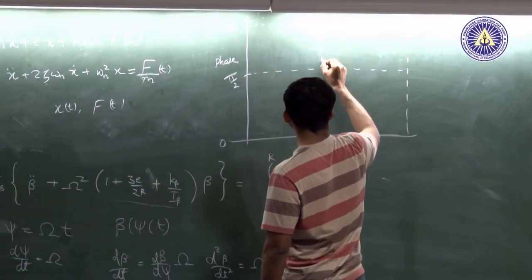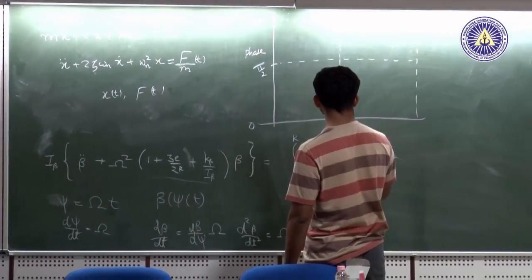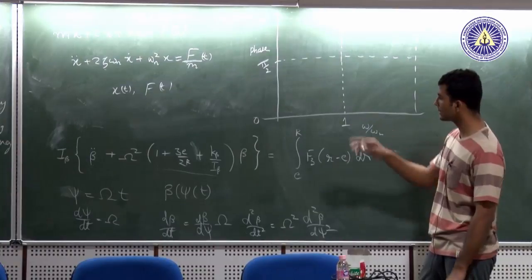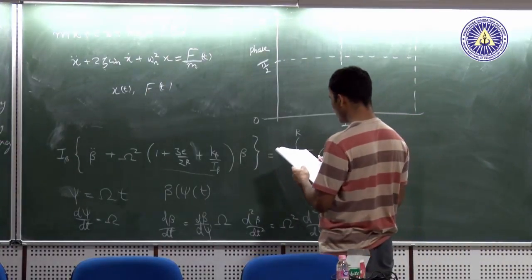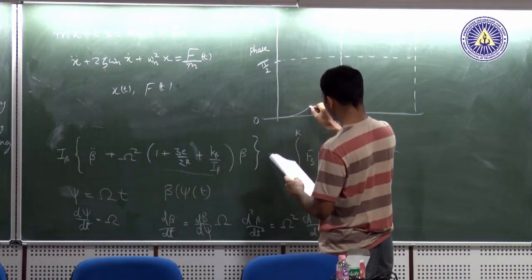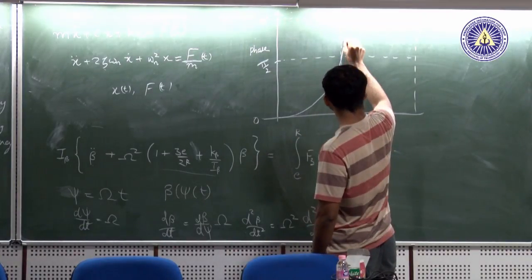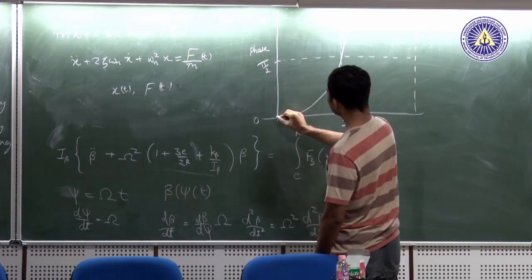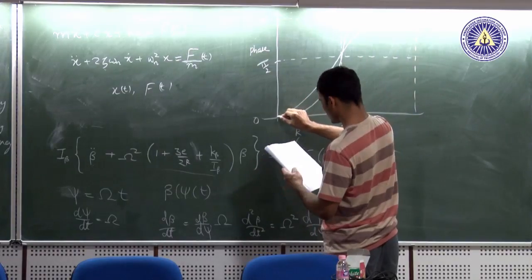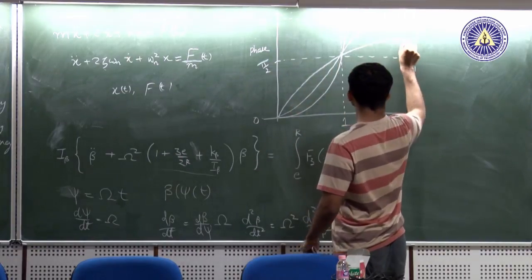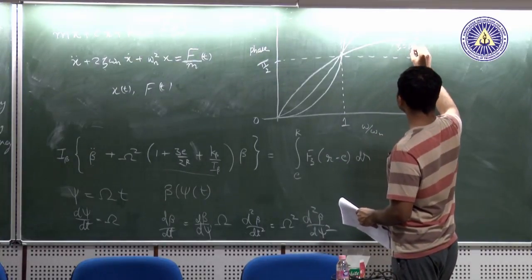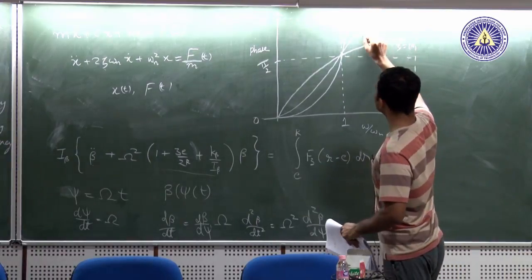When I force my system at the natural frequency, omega by omega n equal to 1, then for different damping ratios this is the phase relation that I have. This is for zeta equal to 1.0, the critically damped system, and this is for the under damped system.